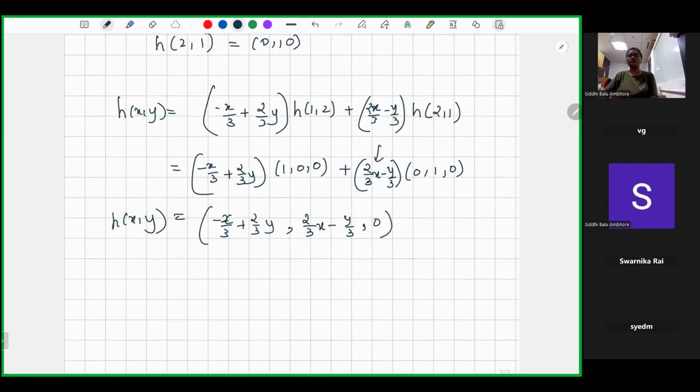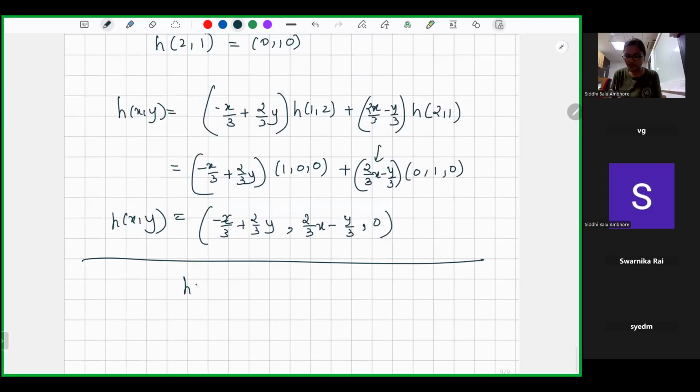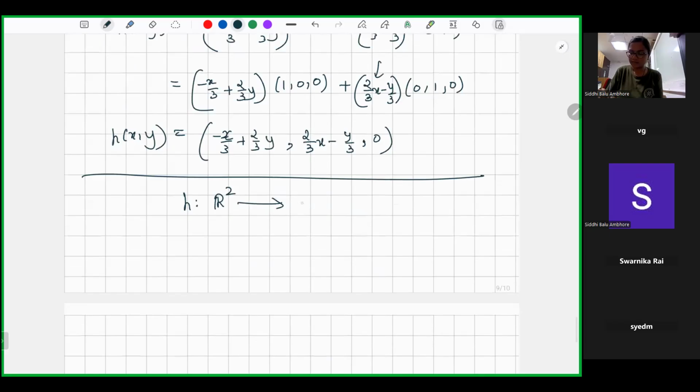This is uniquely determined. Instead of this h, if I want h to be from R2 to, suppose, R power 100, such that I want my h of 1 comma 2 to go to 1, 1, 1, 2, whatever way you want it to be.